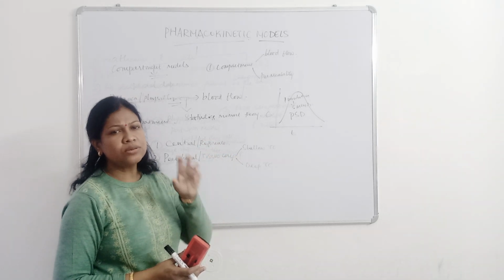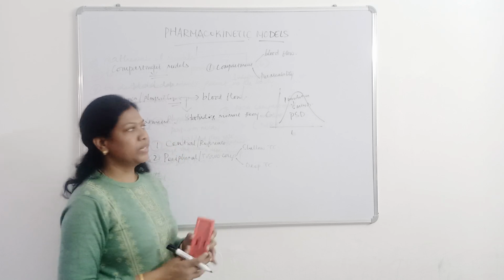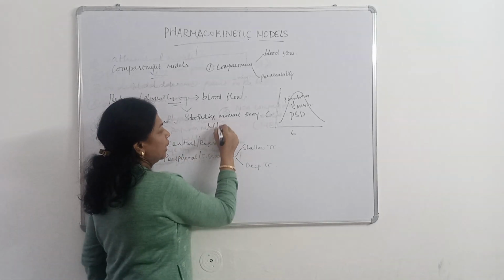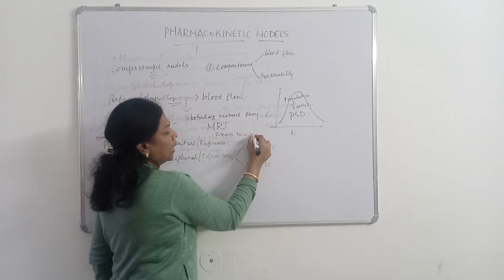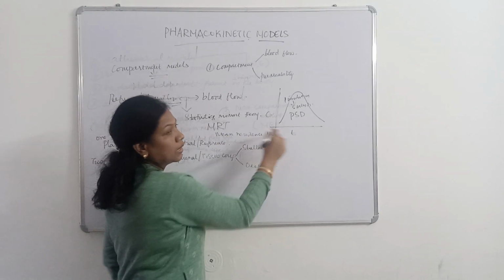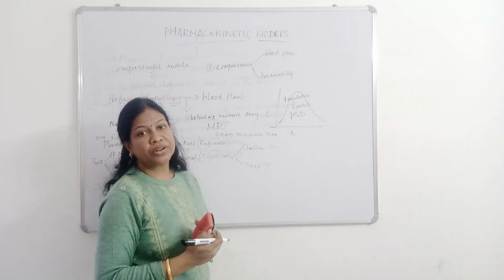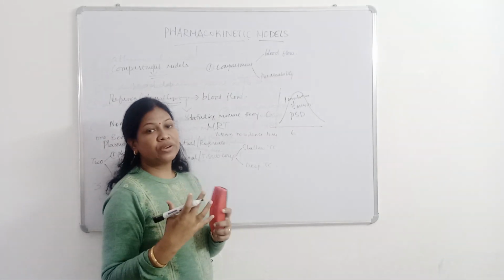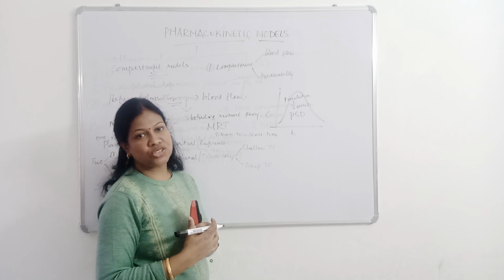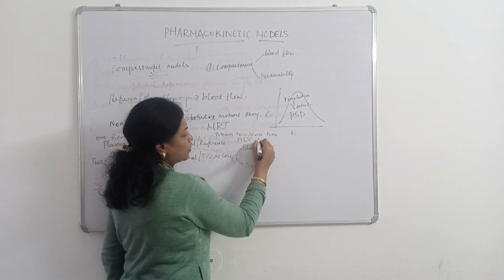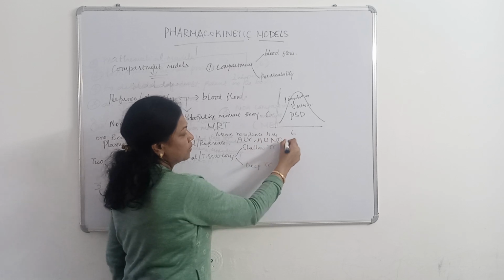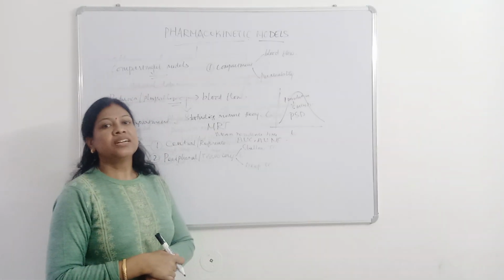Non-compartmental analysis includes statistical moment theory, where you determine MRT, the mean residence time, the average time the drug resides in the body. This can be determined from AUC and AUMC, which I will discuss in further videos.